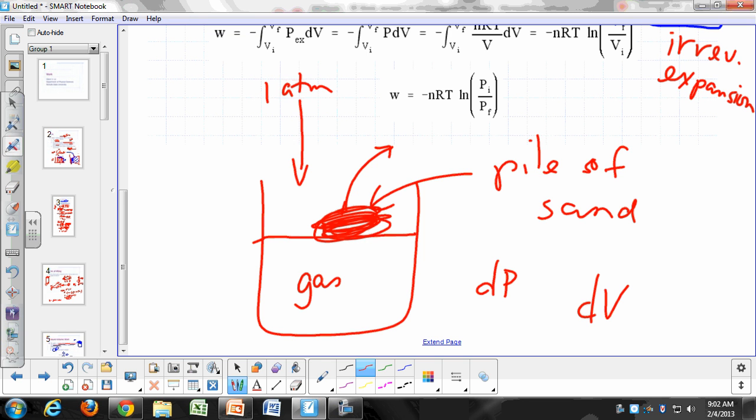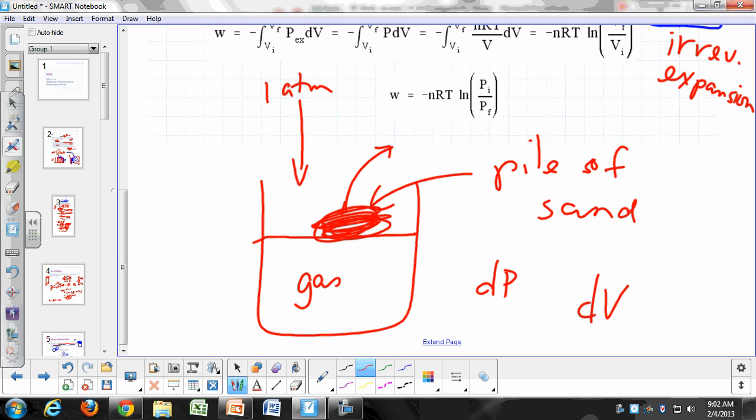So I'll take out a grain of sand and wait for equilibrium to be reestablished. Take out another grain of sand, wait for equilibrium to be reestablished. So you carry it out through a series of infinitesimally small steps so that throughout the process the system is at equilibrium.